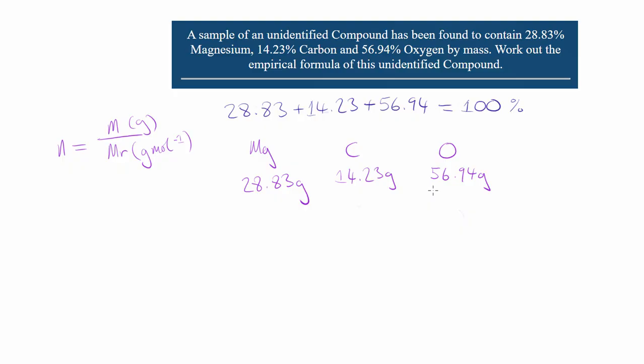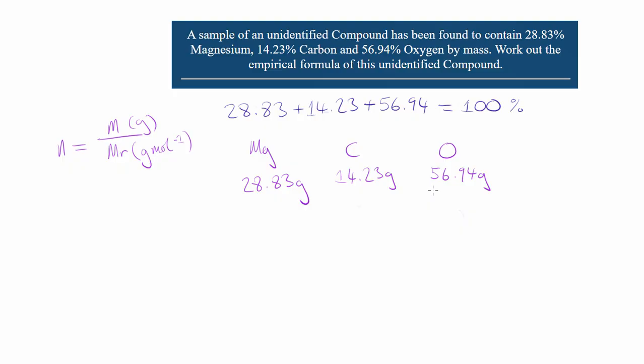Now we're trying to convert this to a molar ratio. To get to the moles, we need to divide each of these values by the molar masses of the elements, in other words, the relative atomic masses.